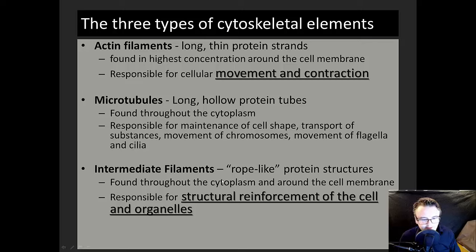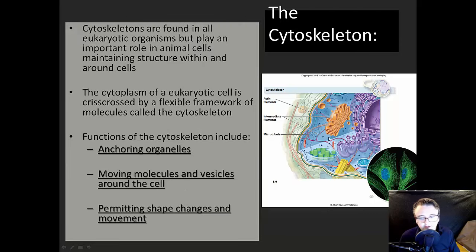The last type are called intermediate filaments, and the name intermediate implies that they're found within the cell. And these often act for structural reinforcement of the cell, maybe to clarify, reinforcement internally, which then helps reinforce the internal cell organelles. So if we go back here just real quick, this is the figure out of the text. It's showing actin filaments near the surface.